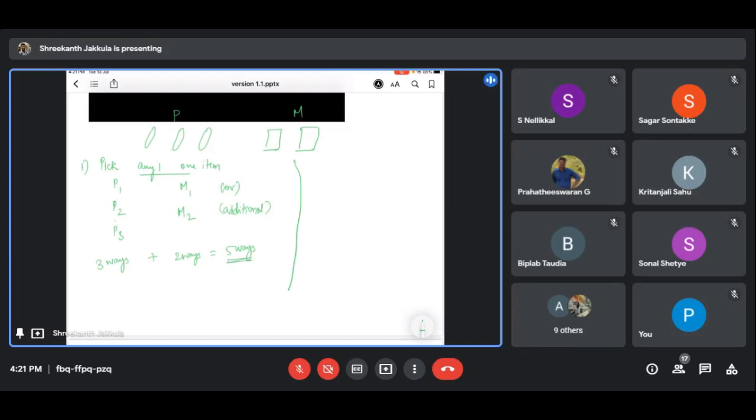At the same time, we will see how many ways we can pick one pen and one marker at the same time. So let me consider the pens P1, P2 and P3.